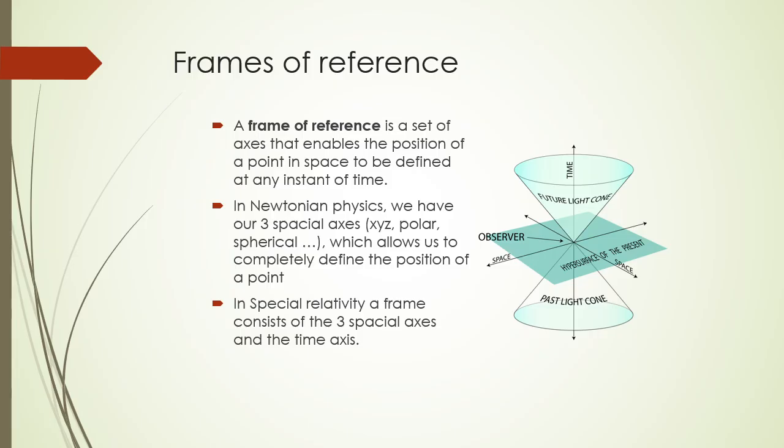Then a horizontal slice right through the origin would just be what we call the hypersurface of the present, and anything above in positive time is in the future, and anything below the hypersurface of the present in the negative time axis is the past. So I'll leave out the discussion on future light cone and past light cone until after we discuss the postulates of special relativity.